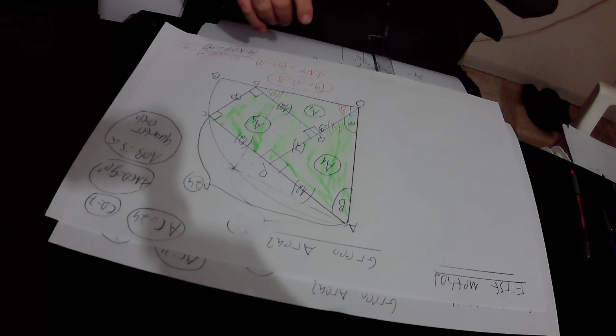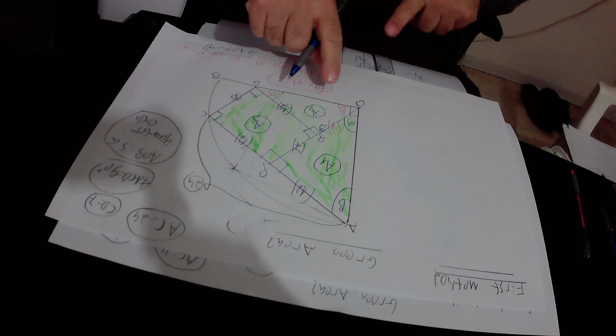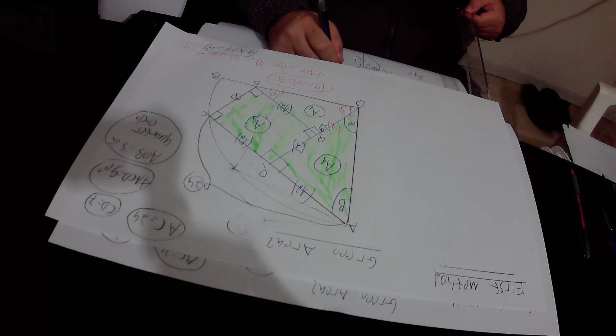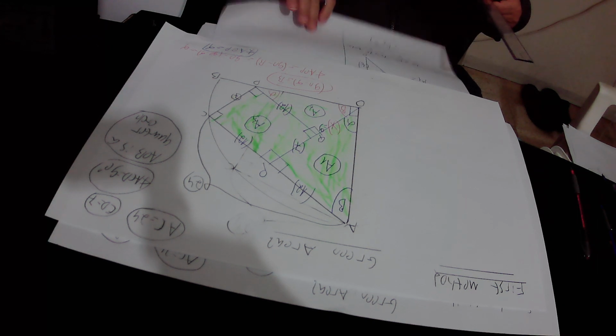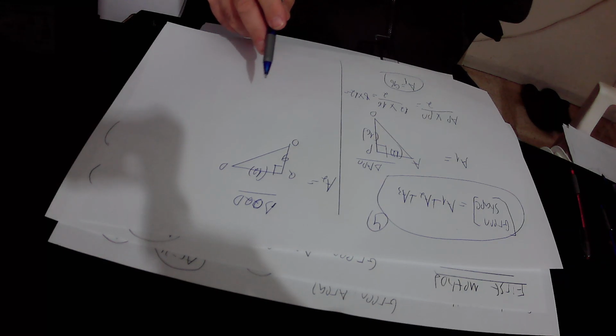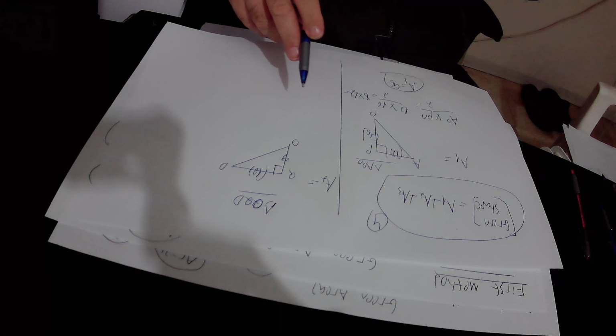Side QD equals 12 units in its length, and side QO equals x, and x equals 9. Again, A2 is the area of this right triangle OQD. QD equals 12 units in its length, and QO equals 9.